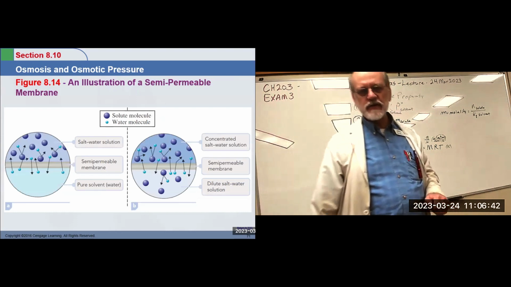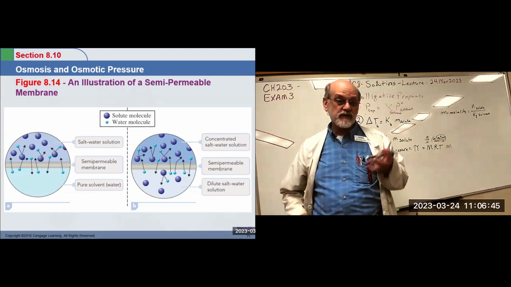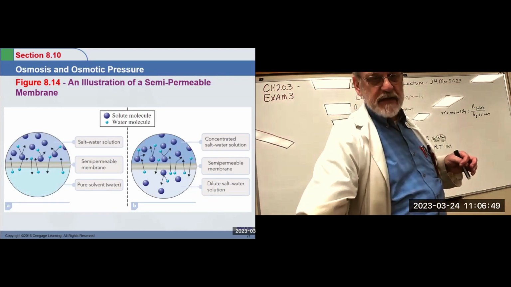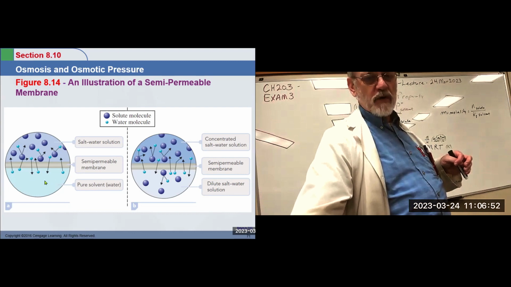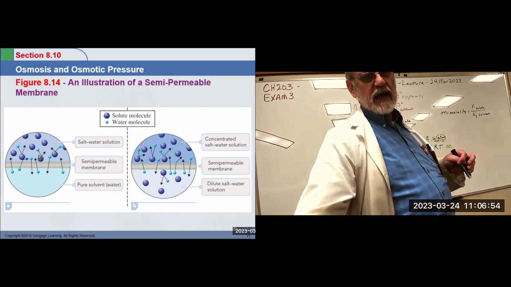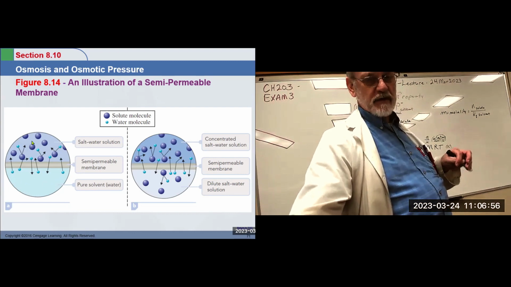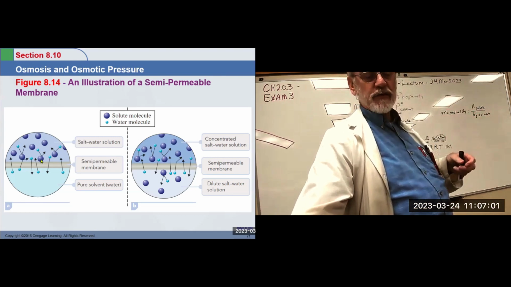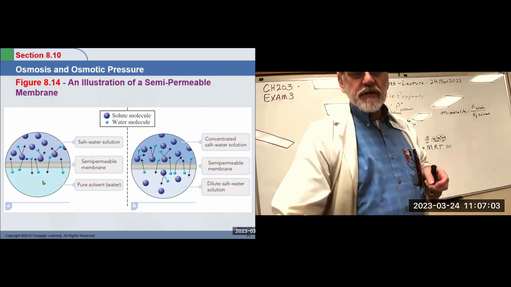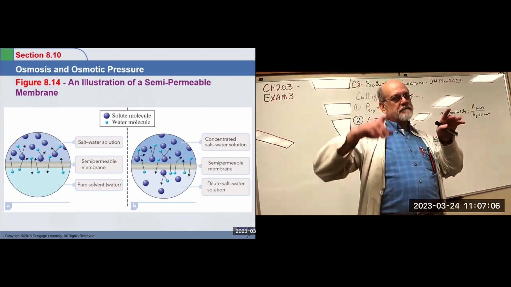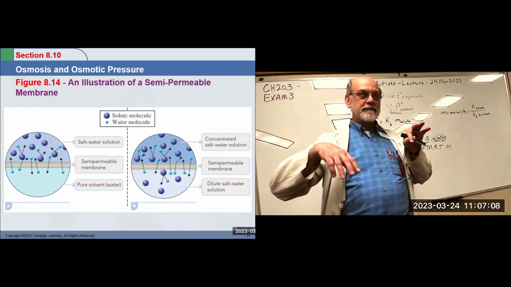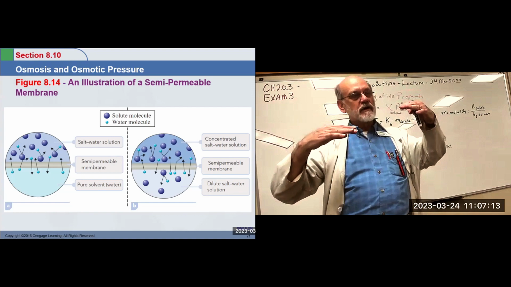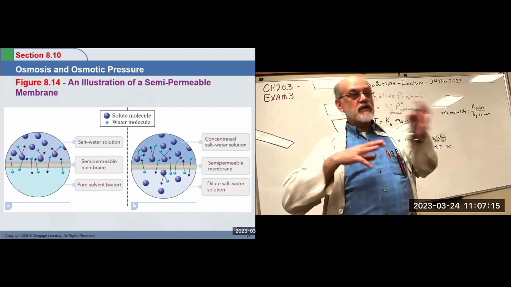Okay, this is trying to explain why the semi-permeable membrane works the way it does. On the left, let's say we have pure water on this side. And we have a solution on this side with whatever solute molecule cannot pass through the membrane. So the water molecules can move through the membrane, but there's more water molecules on one side than there is on the other because the solute molecules are in the way.